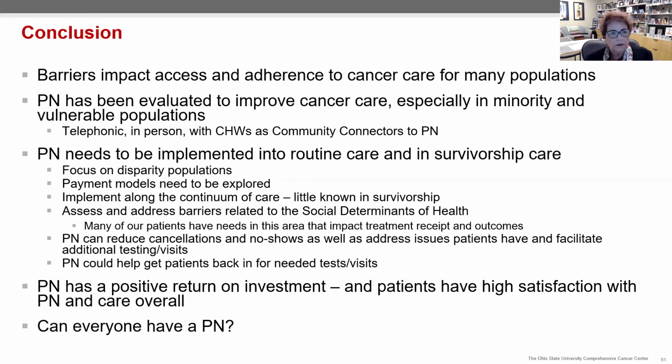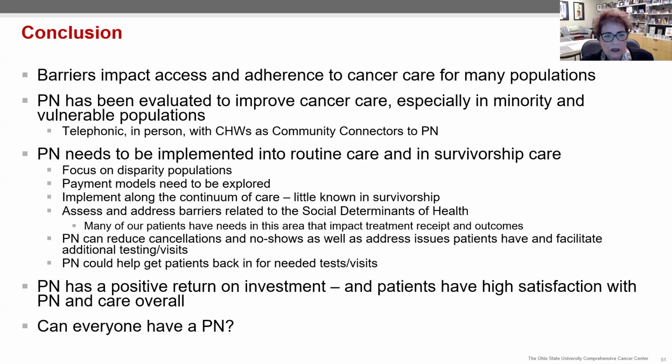So, in conclusion, barriers impact access and adherence to cancer care for many populations for any cancer. Patient navigation has been evaluated and demonstrated to improve cancer care, especially in minority and vulnerable populations. Navigation is viable by telephone, in person, and with community health workers as community connectors to the patient navigators.